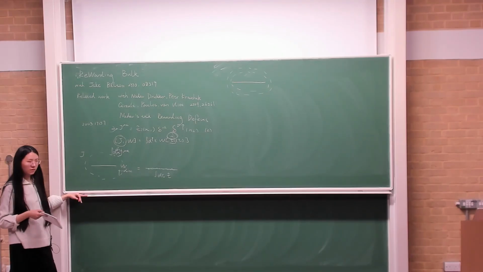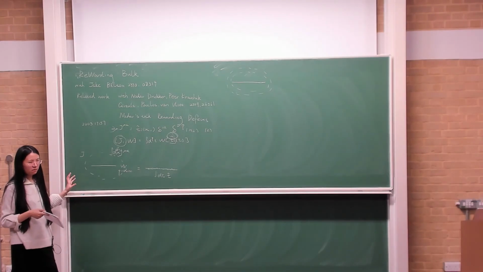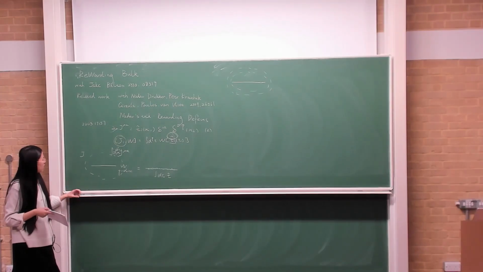Take the charge, and before it acts on the defect, is it just surrounding it, or is it piercing? Surrounding, like a cylinder surrounding it?